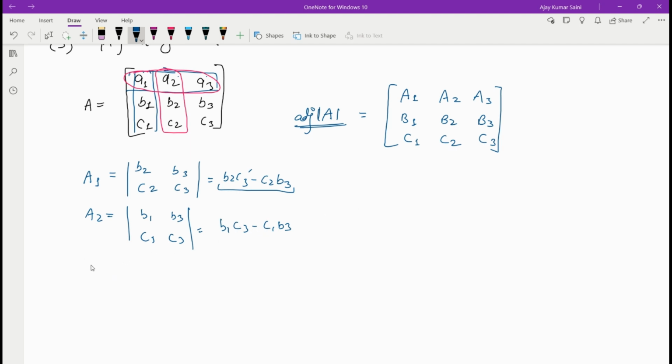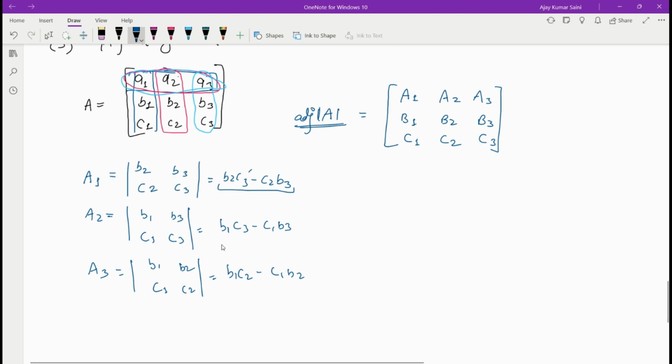So similarly for a3, it is this column and this row. So it comes as b1, b2, c1, c2. It is b1 into c2 minus c1 into b2.